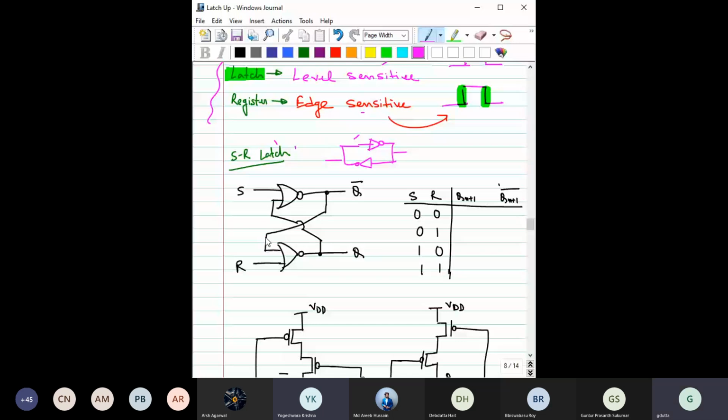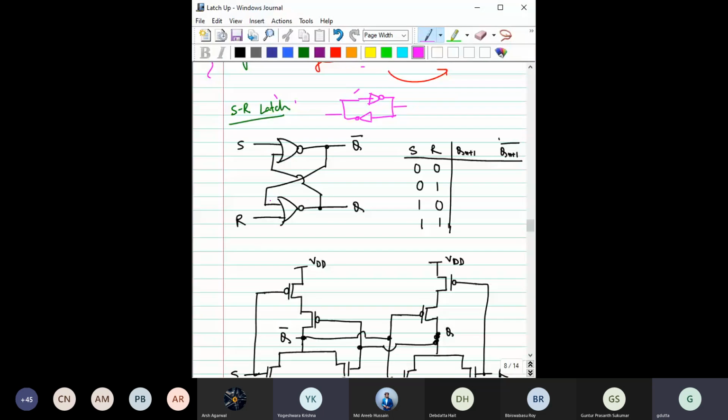To improve the mechanism. We do not have the provision for recalling the memory here, but those provisions are possible for SR, JK, all these latches.